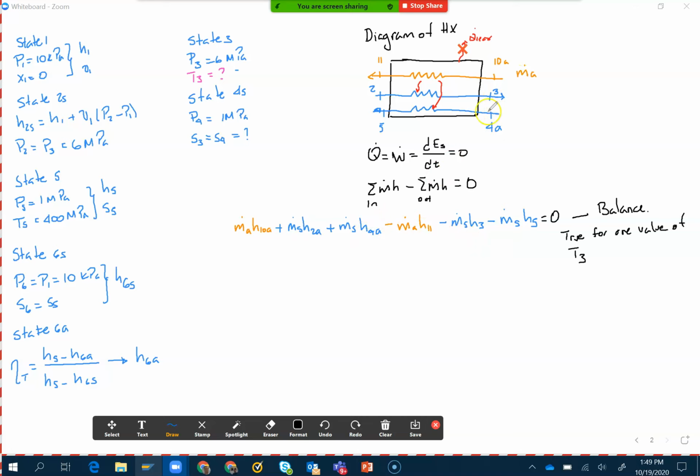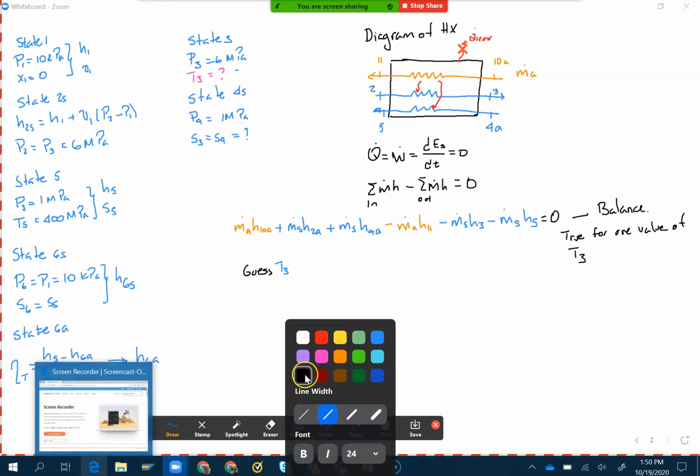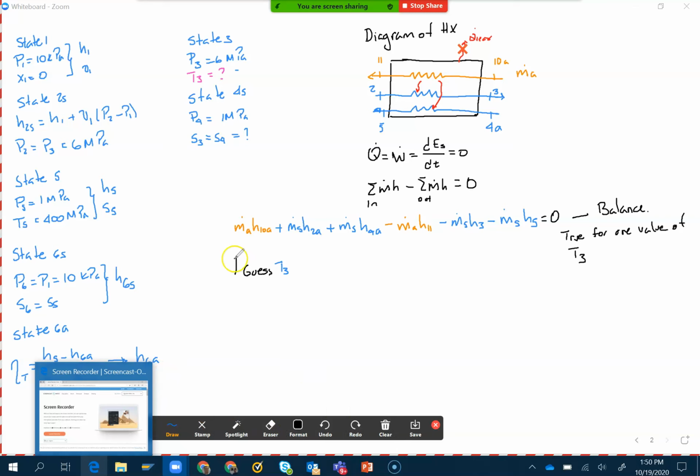So we are going to propose an iterative solution. We start by guessing T3. This guess is just an initial point. It surely will not give us the right answer, but will help us start the process going.